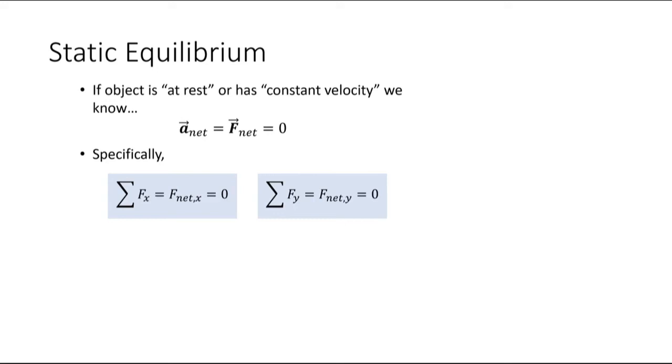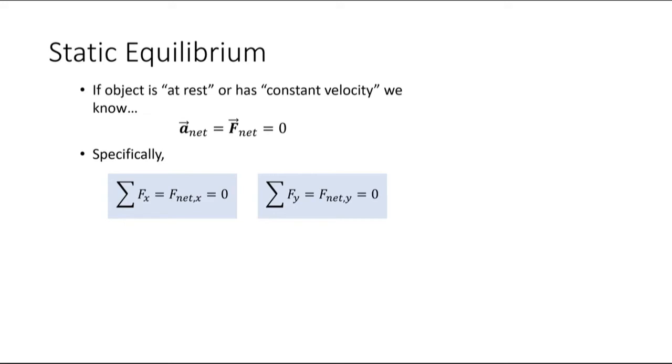Now when we think about something that can rotate as well, we have to throw in the additional constraint that we can't have any rotational acceleration, right? So if something isn't rotating, or if it's rotating at constant angular velocity omega, then we can't have a changing omega. It must be constant.